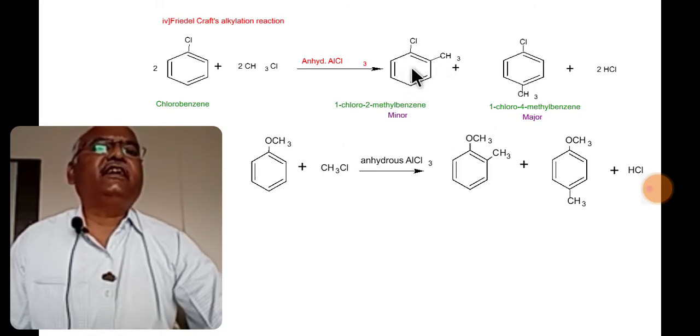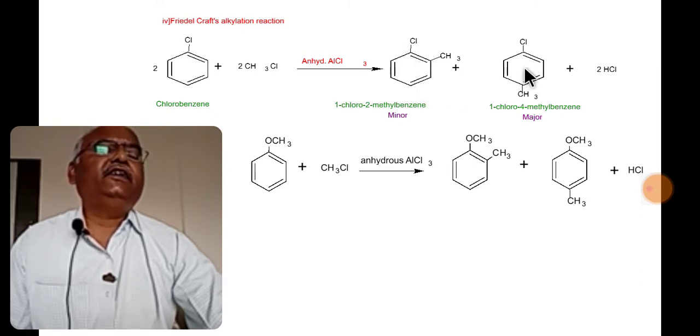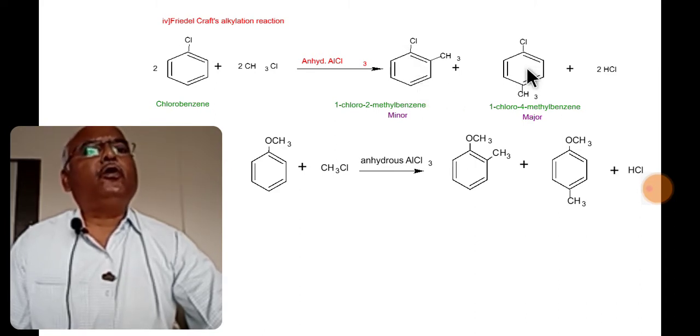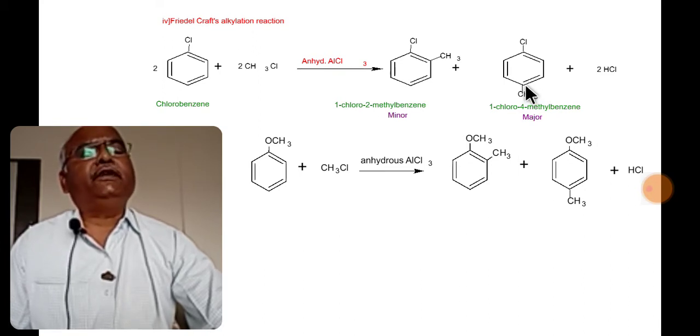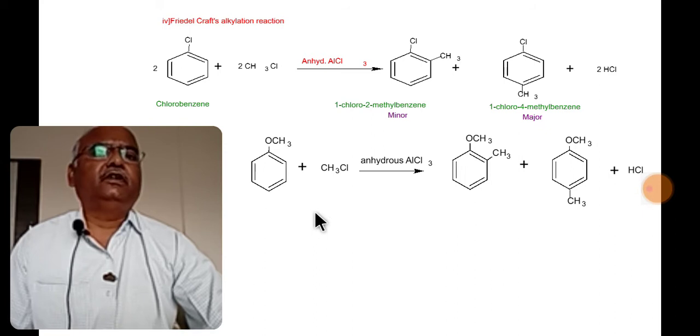So this is the example of 2-chlorotoluene and this is 4-chlorotoluene. So chlorobenzene on Friedel-Crafts alkylation gives 2-chlorotoluene and 4-chlorotoluene. 4-chlorotoluene is the major product.